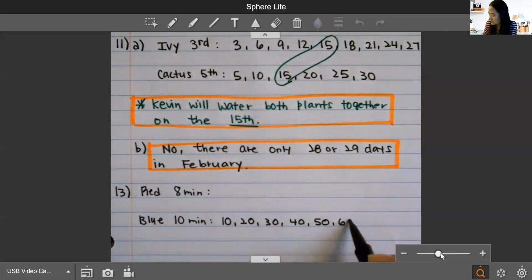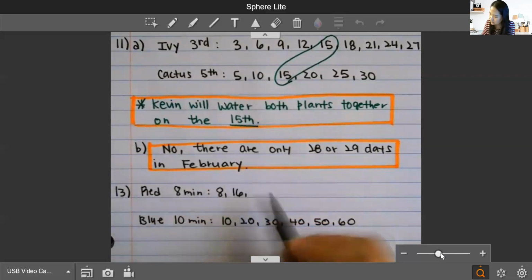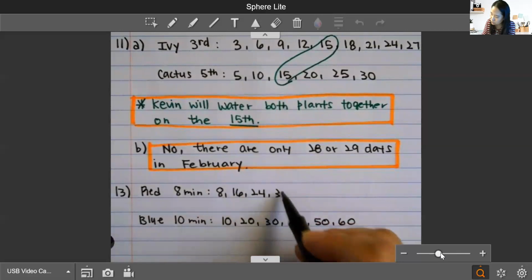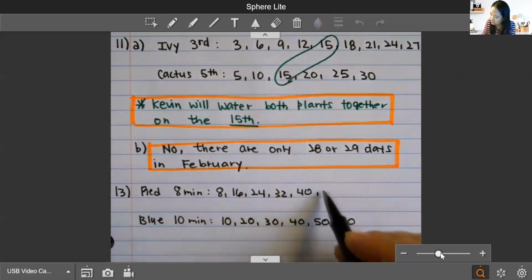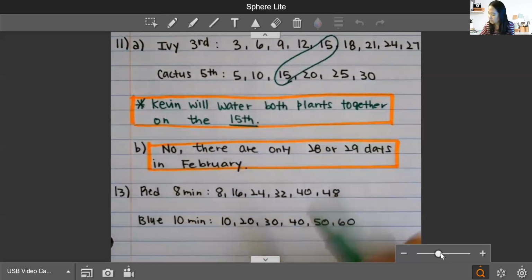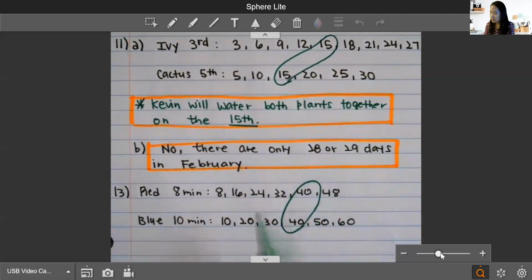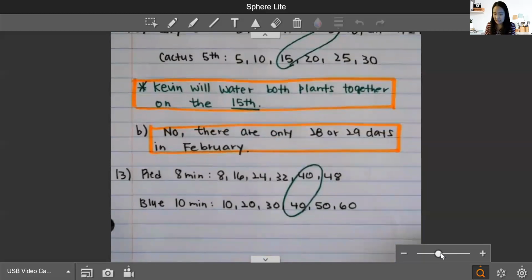I'm going to write up to 60 and then do more if necessary. Now I'm going to do 8, 16, 24, 32, 40, 48, but hopefully you realize I don't need to keep going because I already found my common multiple right here. So what that means is when the red line arrives every 8 minutes and the blue line arrives every 10 minutes, in 40 minutes they're going to arrive at the same time.